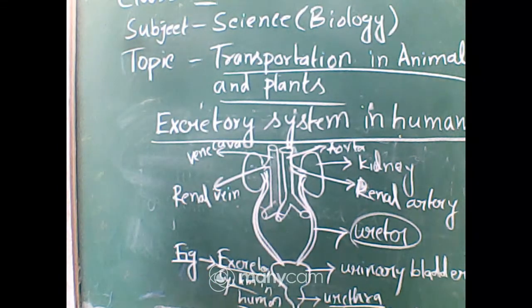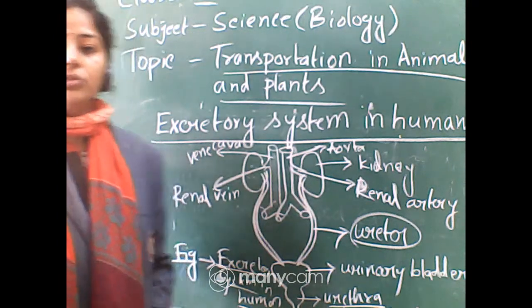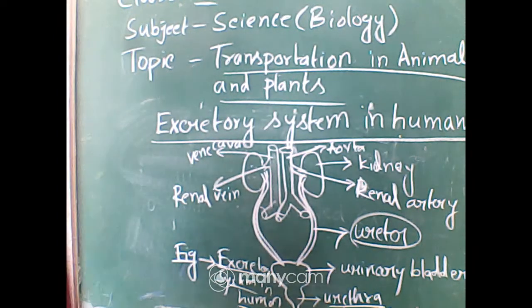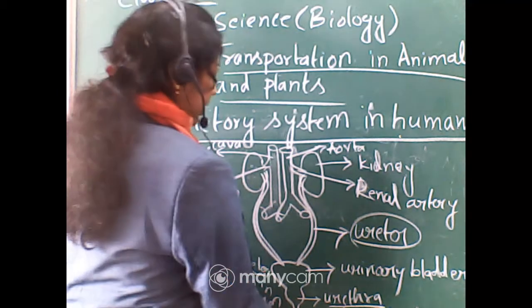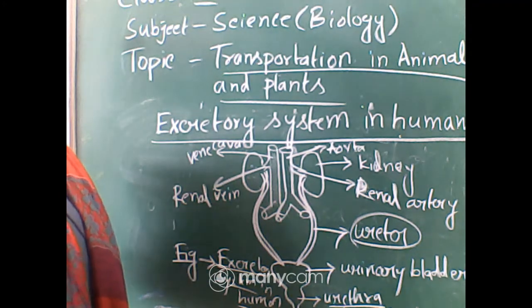Okay, now what is the main function of this urethra? It is a muscular tube-like structure through which the urine moves out of the body. Okay, so through this urinary opening urine is expelled from the body. Understood everyone? Any problem?